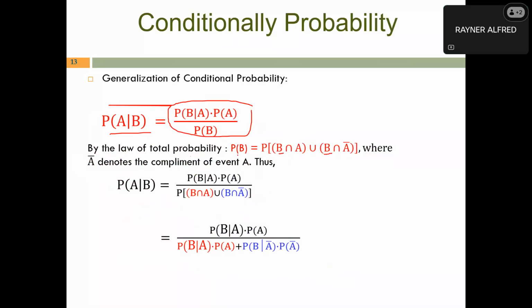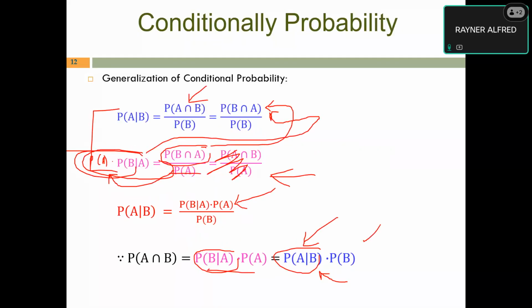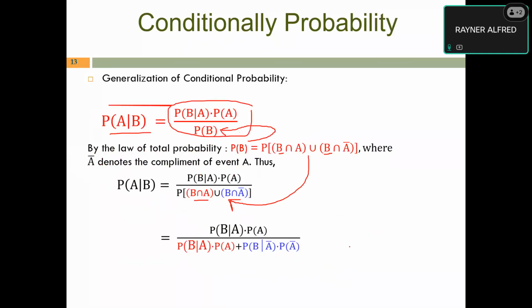So this is the formula for the probability of B. Okay, so when we substitute this one below here, then we get the full one here. Okay, we replace this with the formula that we have previously from here.